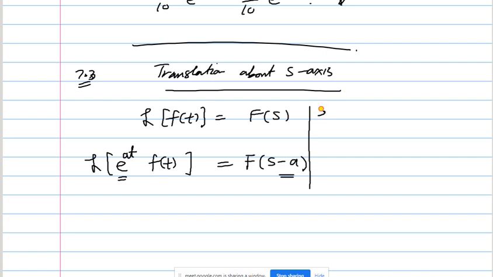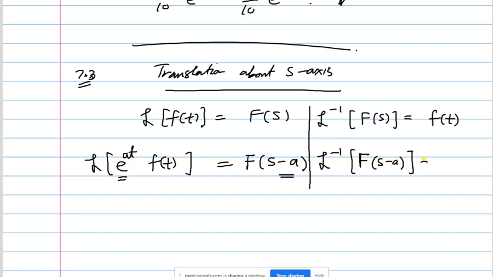Mostly this is the most applicable: when you have Laplace transform of f(t) as F(s), if this is known to you, then the Laplace inverse of F(s minus a) becomes e to the power at f(t). This is the extra factor for this one.